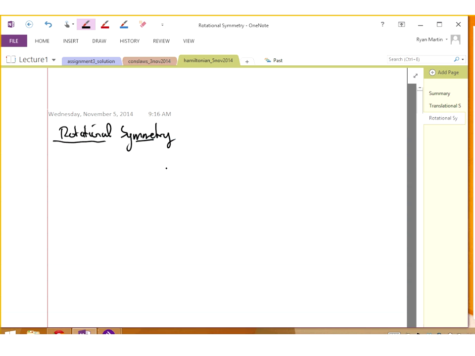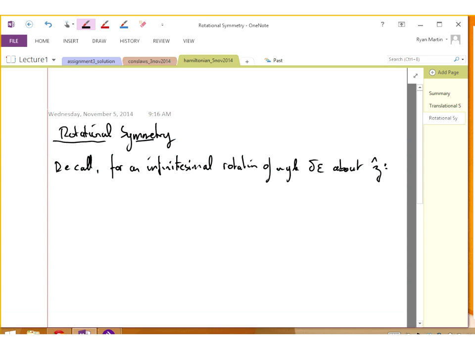For an infinitesimal rotation of angle delta epsilon about the z-axis, we found that fx was equal to minus y, fy was equal to x, fz was equal to 0, and g was equal to 0.